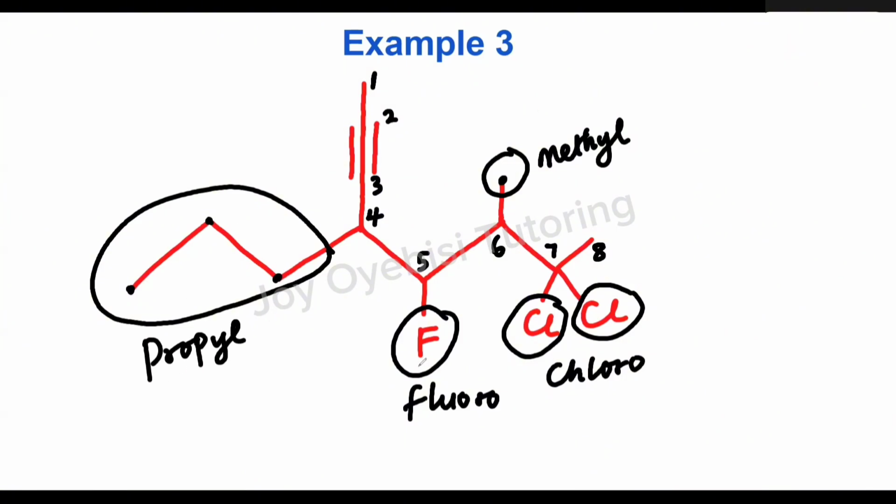Now we go ahead and name. Since I have different groups of substituents, I'm going to have to arrange them alphabetically. And the first one to be named will be the chloro. Remember, your substituents are named first. So I'm going to say 7,7.